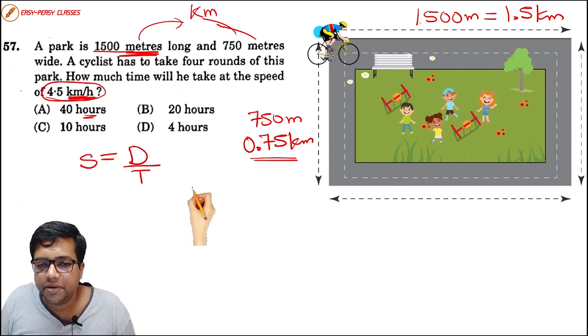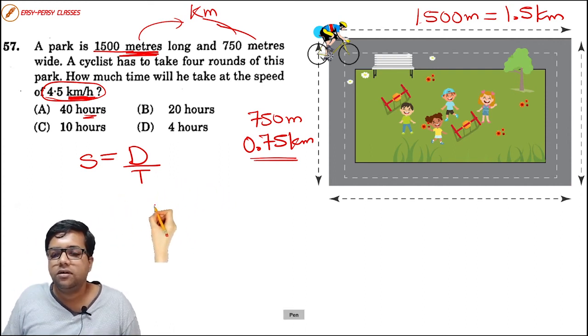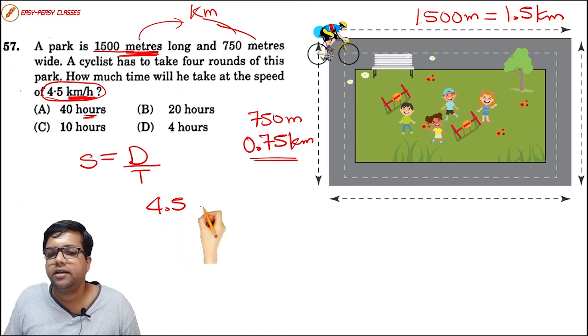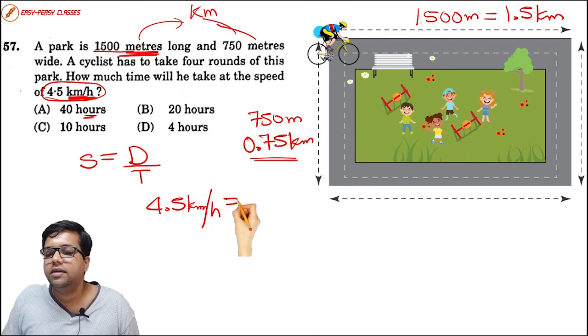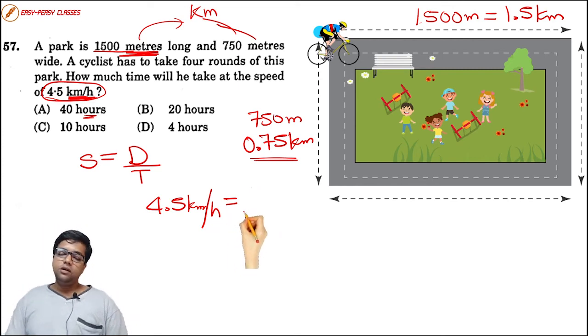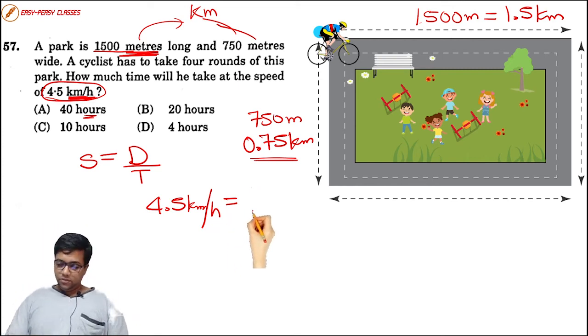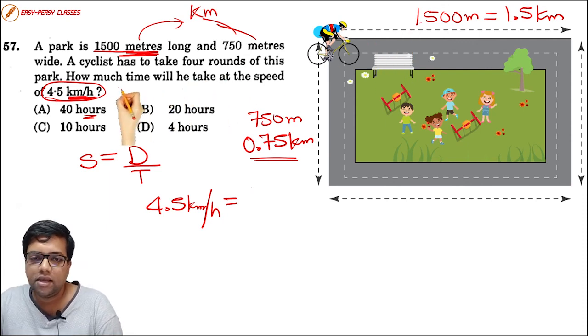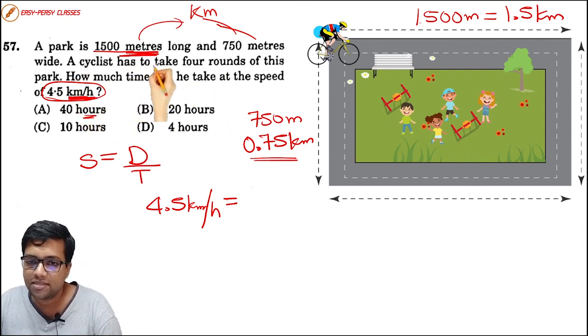So what is the speed given to us? It is given to us as 4.5 kilometer per hour is equal to distance by time. What is the distance? A cyclist has to make 4 rounds of this park.